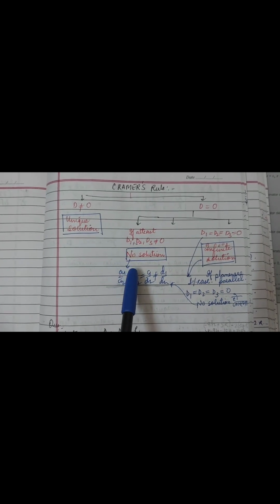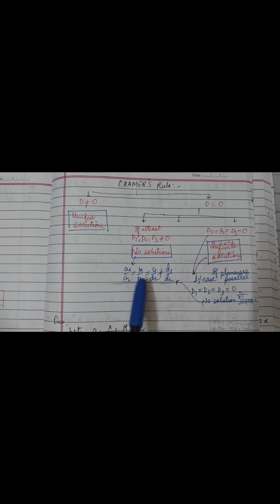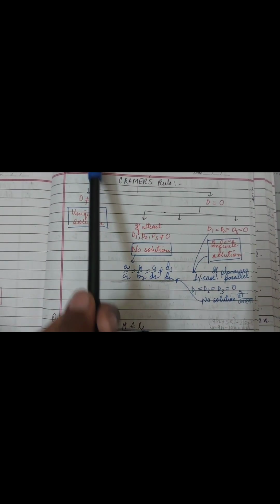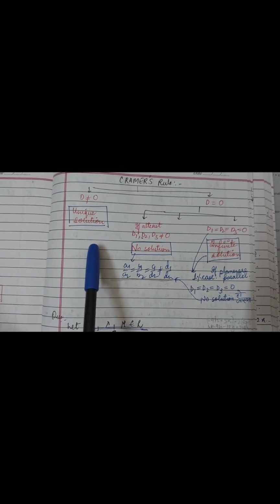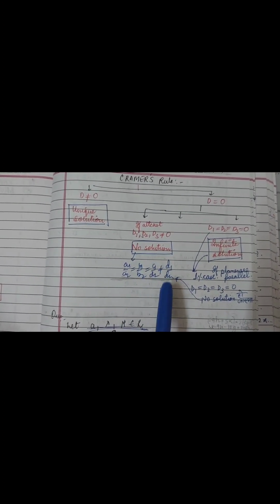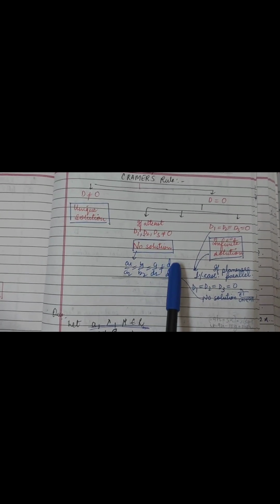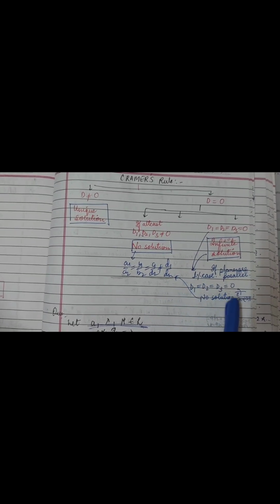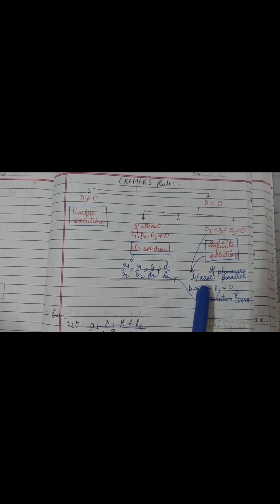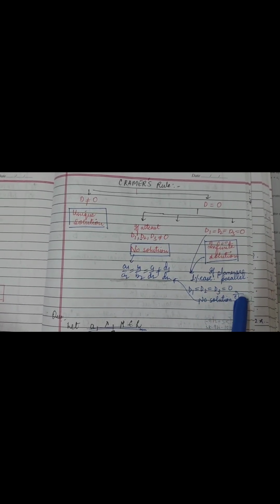In case of no solution, whatever the equations were, I told you three equations, you make a determinant out of these equations. In that case the ratio of all the coefficients is equal, but not the constant one. And in the infinite solution case, planes are parallel.